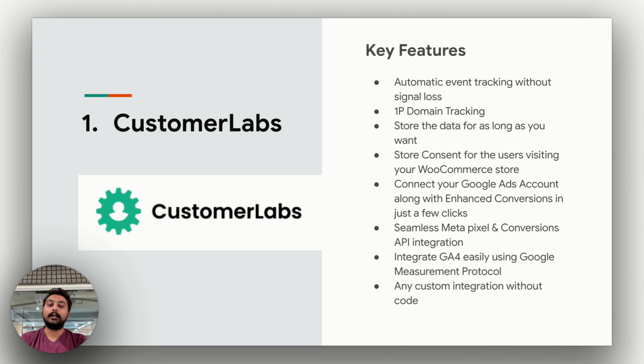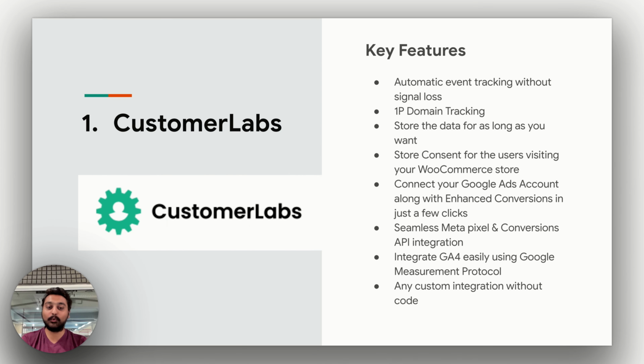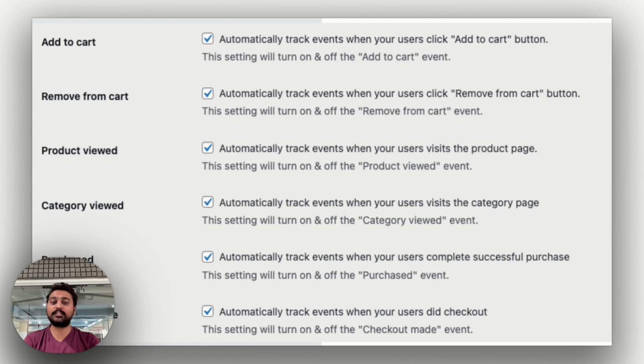So, firstly, CustomerLabs offers you a seamless setup for automatic event tracking without signal loss. For your WooCommerce store, all you have to do is link your WooCommerce store with CustomerLabs with just a few clicks, and all your standard events, including product viewed, category viewed, added to wish list.